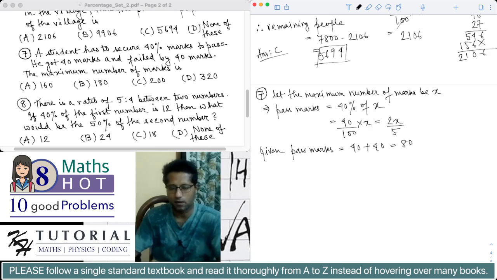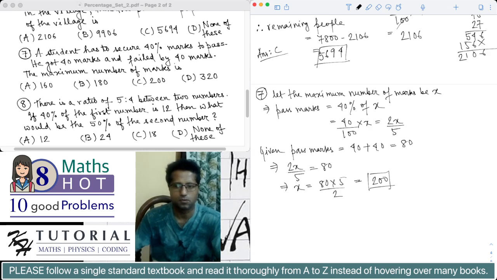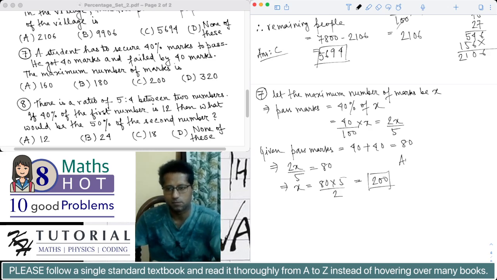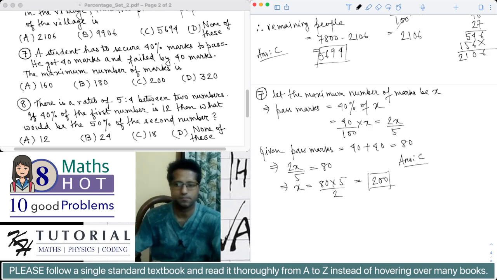But according to our assumption, the pass marks is 2x by 5, where x is the maximum number of marks. So 2x by 5 is equal to 80. This implies x is equal to 80 multiplied by 5 by 2, which is 200. So the maximum number of marks is 200, and hence the correct choice is C.